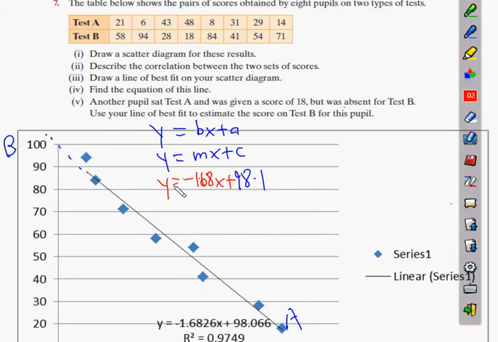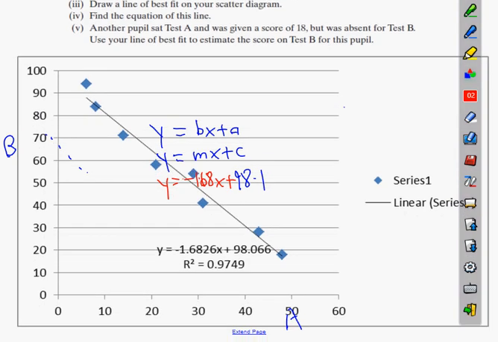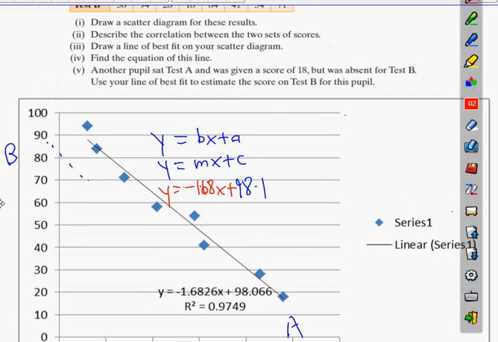Now, the way I draw my line is I'm going to test any 2 points and find out where they are. So, using my equation of the line, what I'm going to do is enter the number that I know. For example, see 20 down here on the x-axis? I'm going to write down x equals 20. Therefore, y equals, can somebody do this in the calculator?